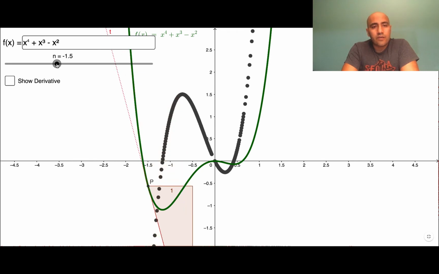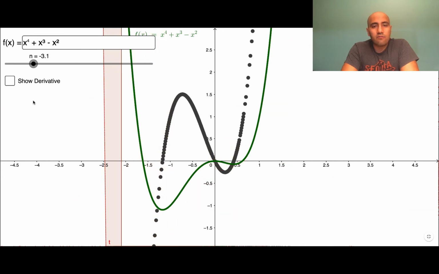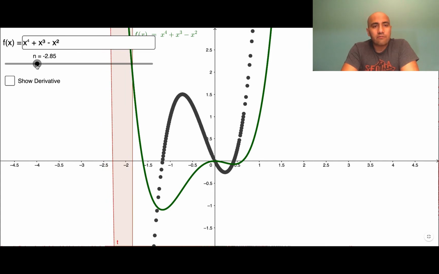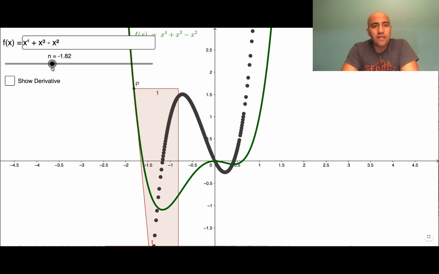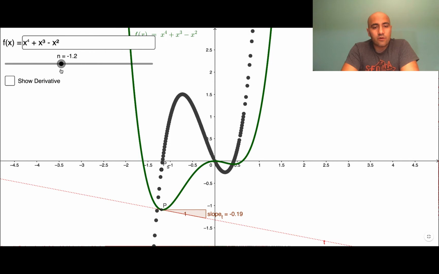Okay, so if we keep tracing this all the way throughout, we get a better and better image of what the graph of the derivative function is going to look like. So we start off with very, very large negative slopes of the tangent line around here. They become smaller negative. We hit 0 somewhere around there.